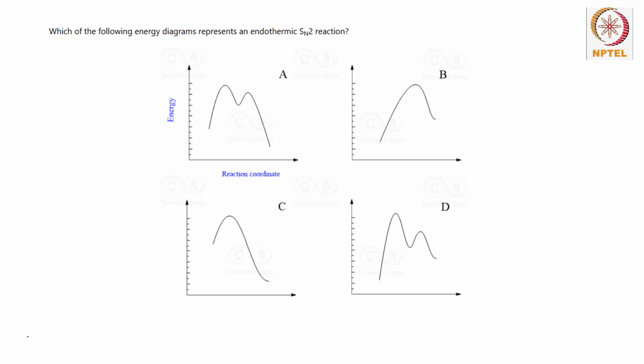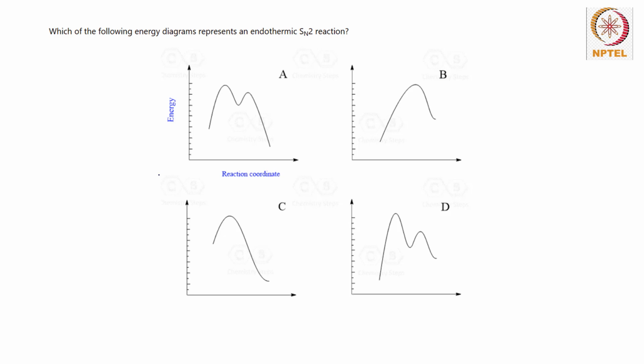This is our transition state, and we all know that in the case of SN2 the reaction is a single step process, and in the case of SN1 there are two steps. So the energy diagram will be a single hump.